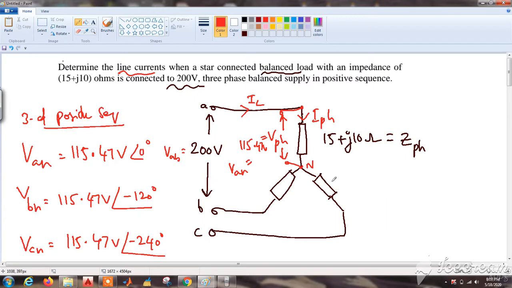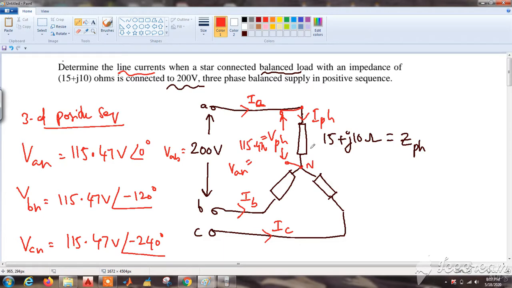Now let us calculate the currents. We need to calculate the line currents. This line current we can represent by IA, this by IB, and this by IC. As we know, in star connection, phase current and line current are equal.